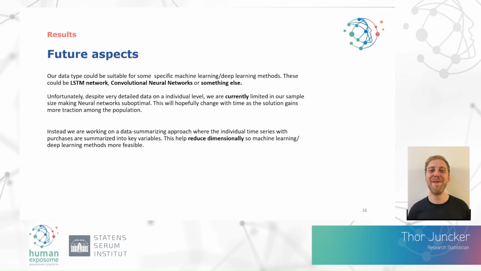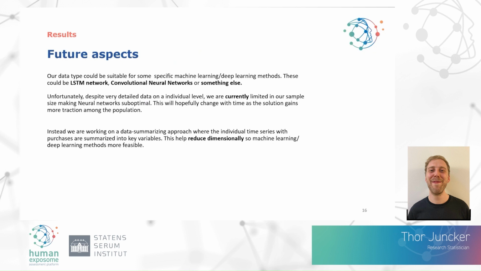But for the future, our data type is very suitable for specific machine learning or deep learning methods, since we have a lot of data on an individual level. So it could be very interesting to employ certain neural networks, long short-term memory networks, convolutional neural networks, something third.